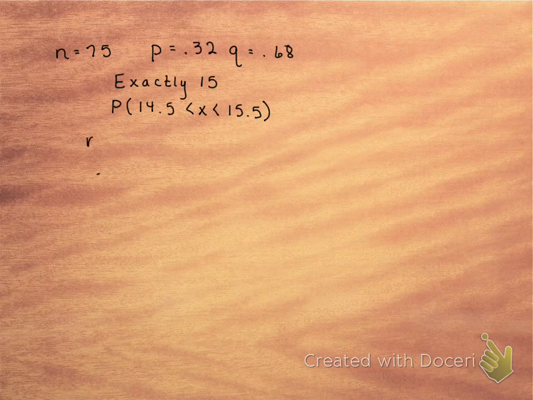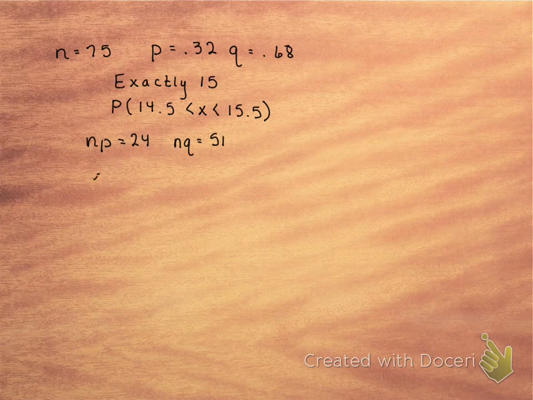So we need to see if N times P and N times Q are greater than 5. N times P is 75 times 0.32, which is 24, and N times Q is 75 times 0.68, which is 51. So obviously, the normal approximation can be used.